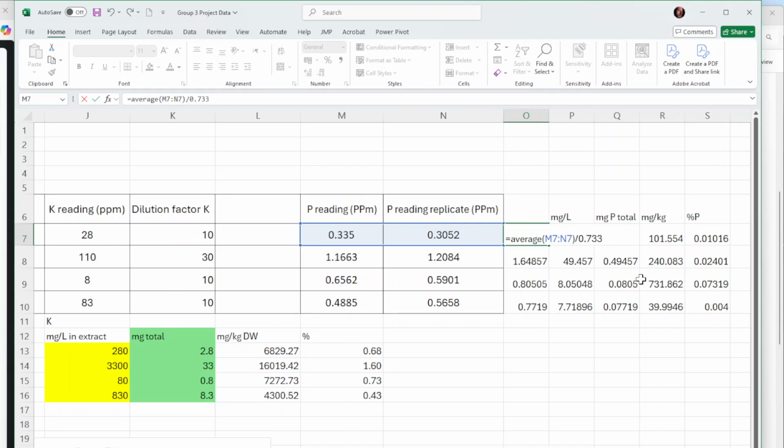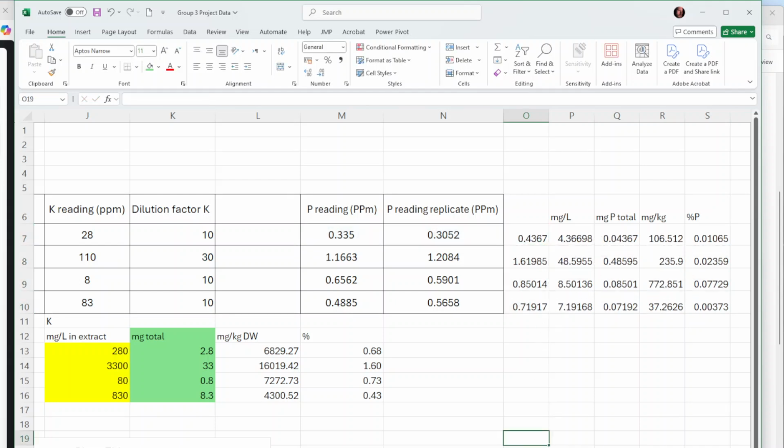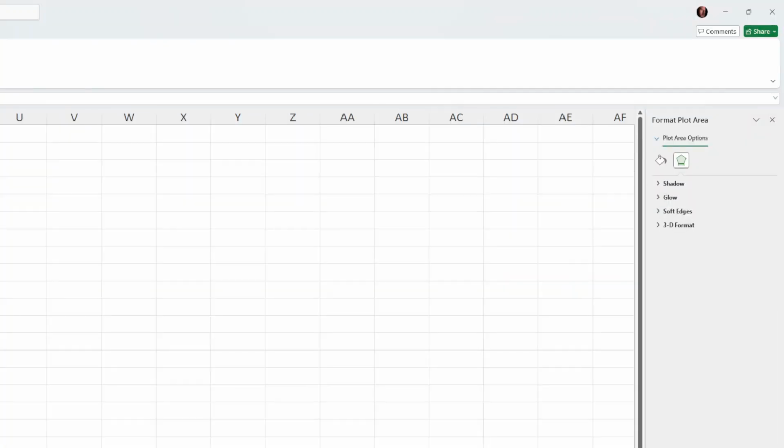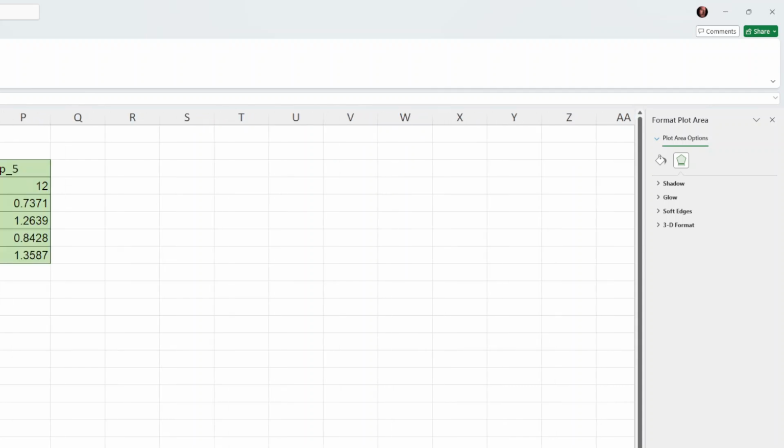Let me grab the curve from the other analysis, and I will show you the curve again. Just give me 1 second, and I will grab the calibration curve for the phosphorus.